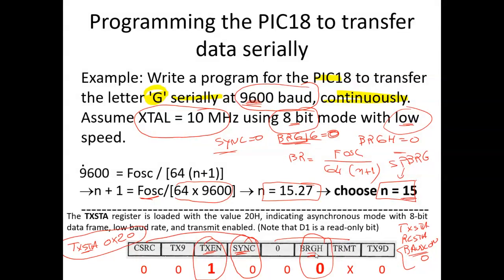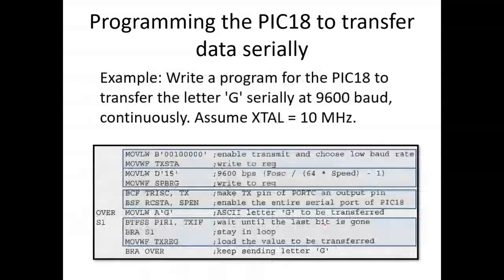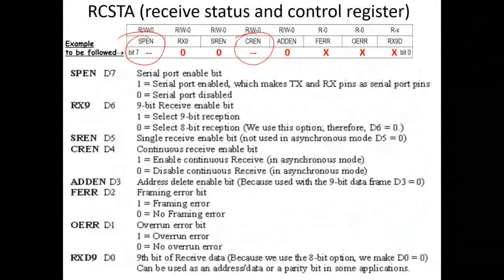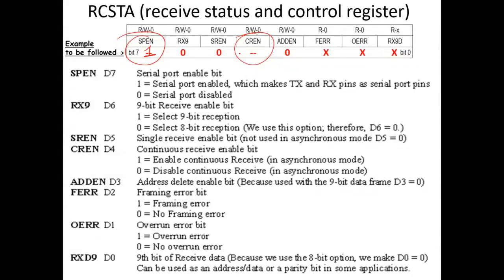What is left? The RC status. From the RC status, we have just to enable 1 bit, which is the serial port enable. Let's return back to the RC status. We have just to enable this bit. This bit should be 1. We are not reading anything, so here the bit should be 0. And what is the value of the RC status? 0x80.